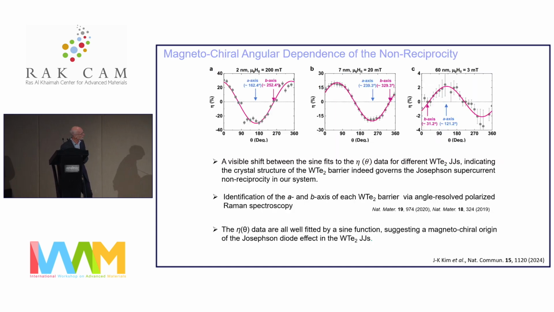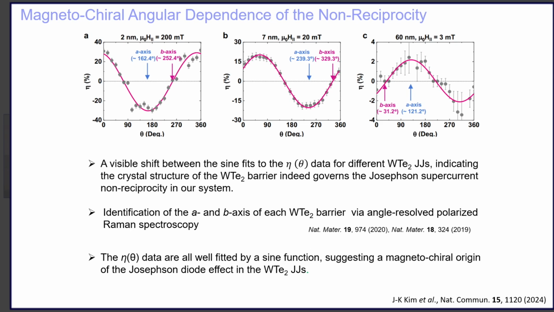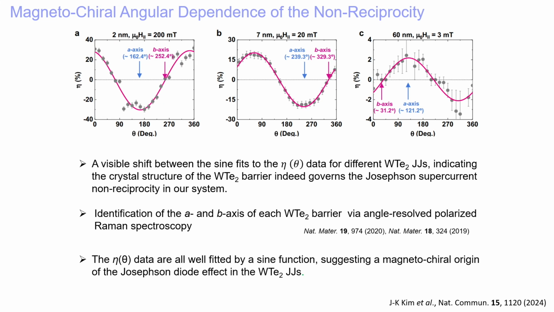Since I'm running out of time, I'm going to just show you this. We basically see a beautiful variation of the diode efficiency as we apply a small magnetic field and rotate it with respect to the crystal structure, proving the intrinsic origin of the effect.